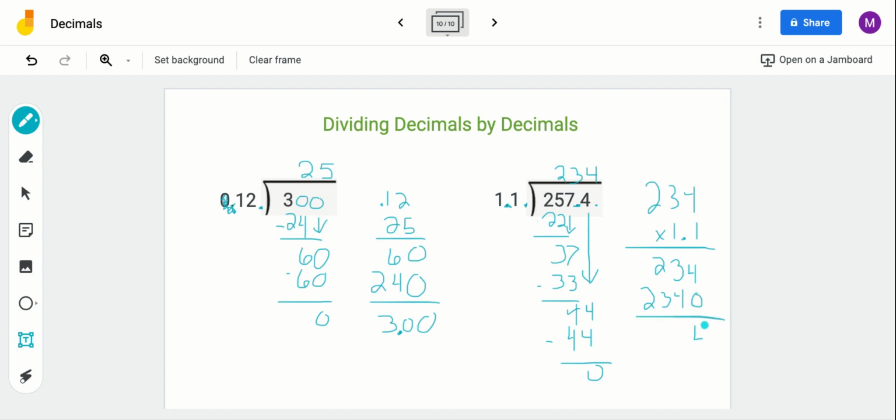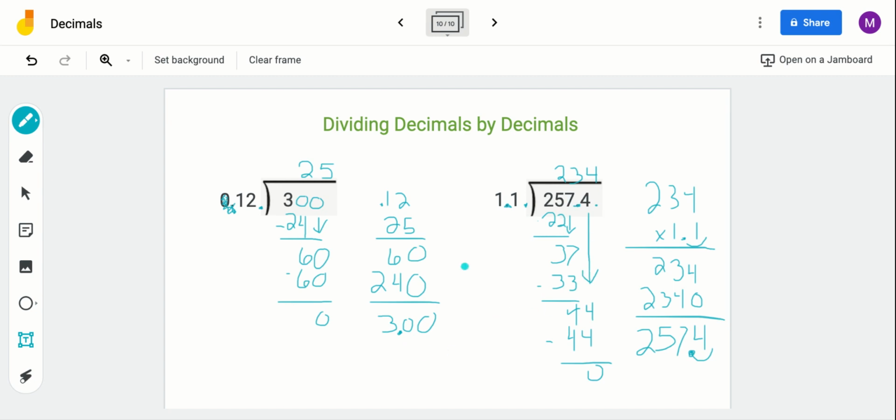Add them up, I have a 4, I have a 7, I have a 5, I have a 2. And since I have one spot here, I multiplied this times 10, I divide this by 10. 257.4, which is what I started with.